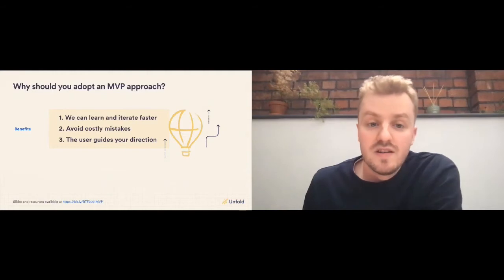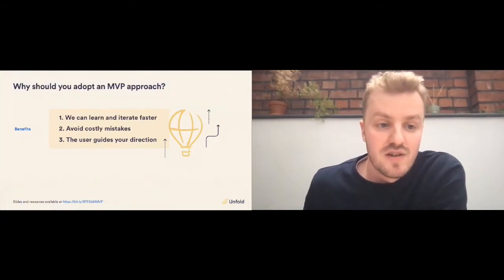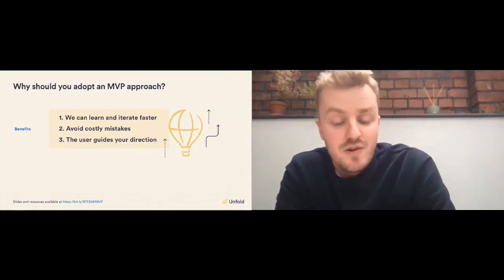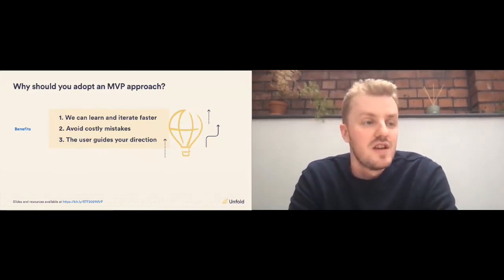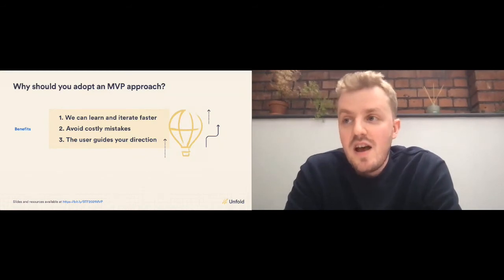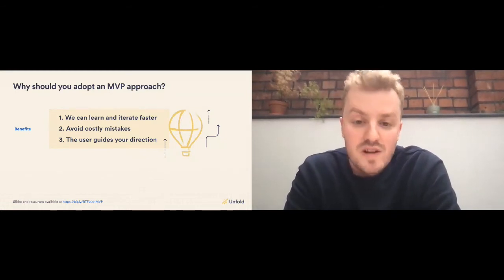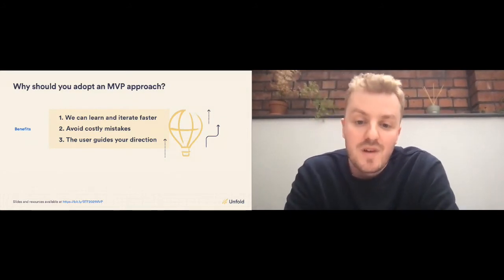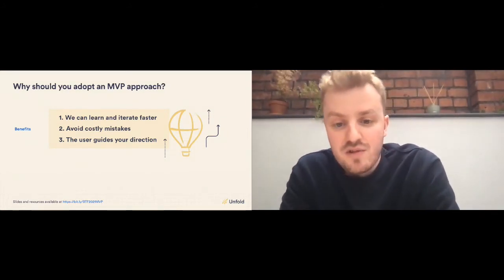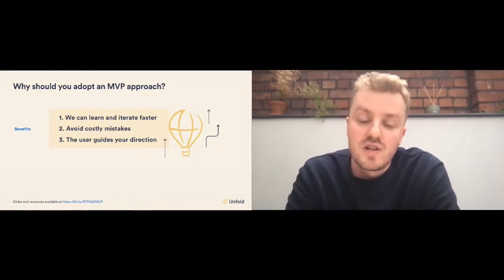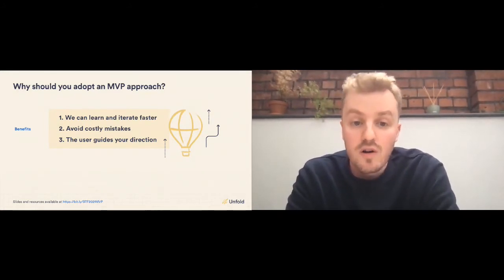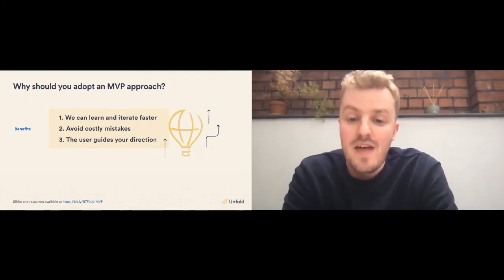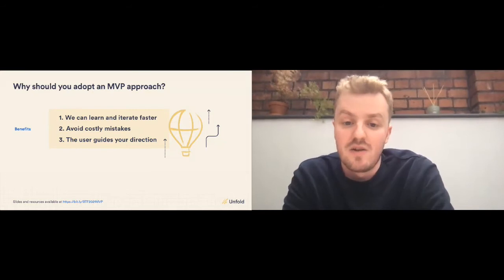And then the third one is that the user guides your direction. So we, as an agency who help startups produce these products, often say that we don't have the solution, we don't have the answer to producing a fantastic product, but we do have a really good process which helps us understand what users want, what their pain points are, and we let them decide what the product does and how it works.